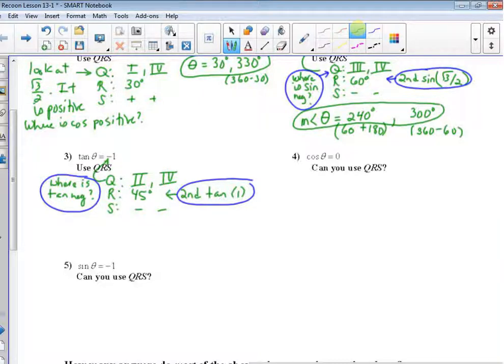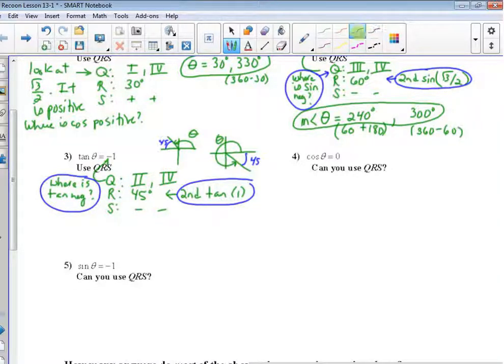So I need angles in quadrant 2 and 4 now. So again, I am looking for this angle right there. I know the reference angle is 45. We have already done these similarly in a previous chapter, so this should be review. I am now looking for the angle in quadrant 4, and I know this angle is 45.